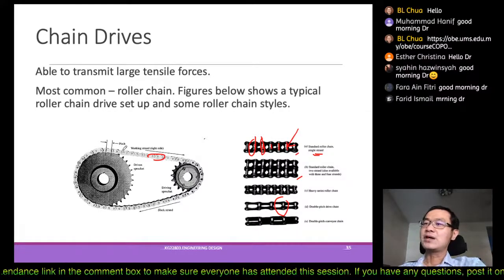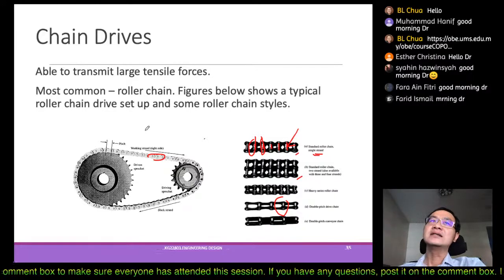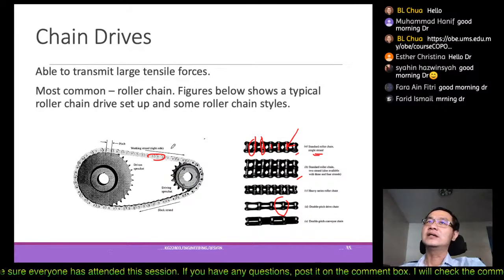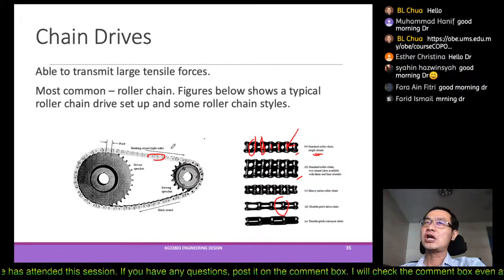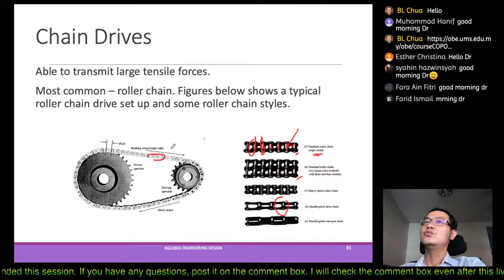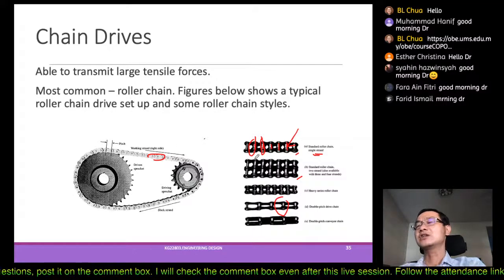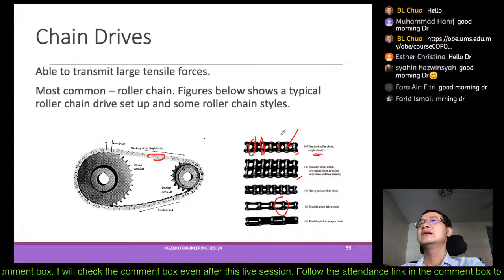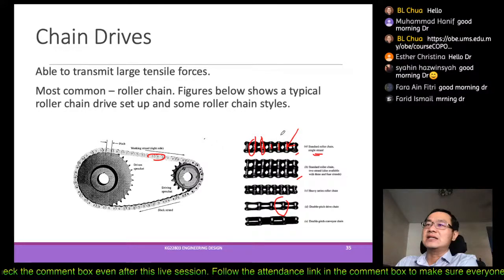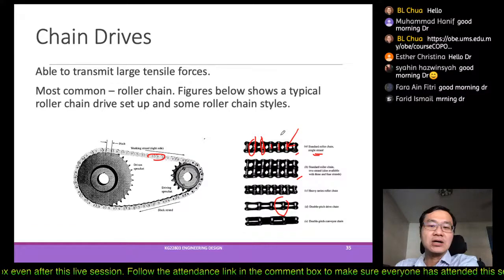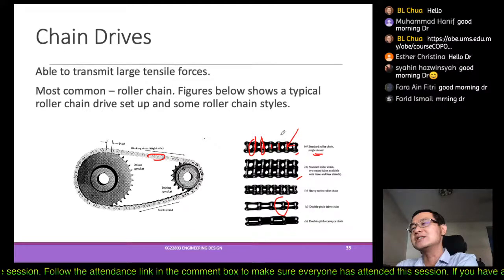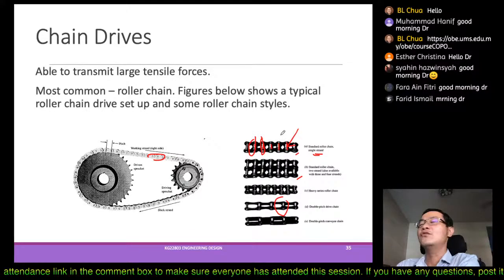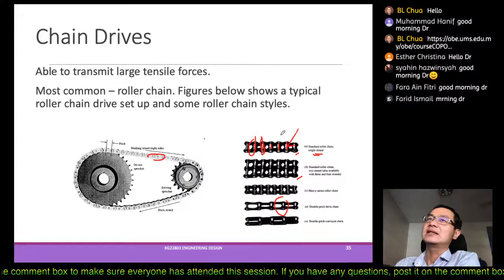Generally that's why when we select the chain, the sections would be given by the manufacturers for this type, or the chain number, what is the maximum power or the rated power that it can transmit. So this is the idea of when we select the type of chain.